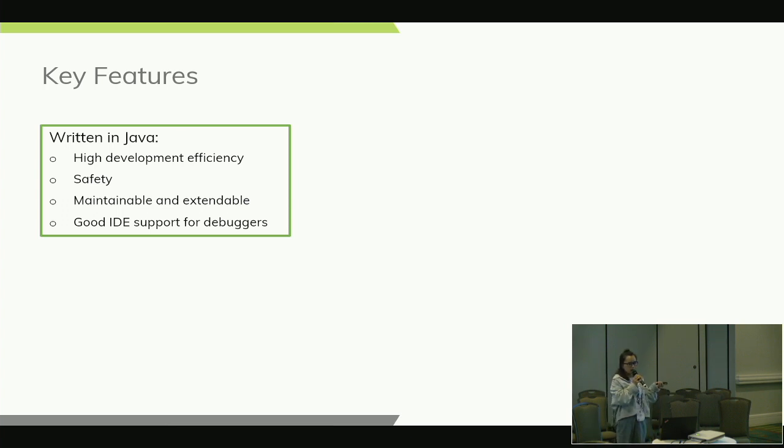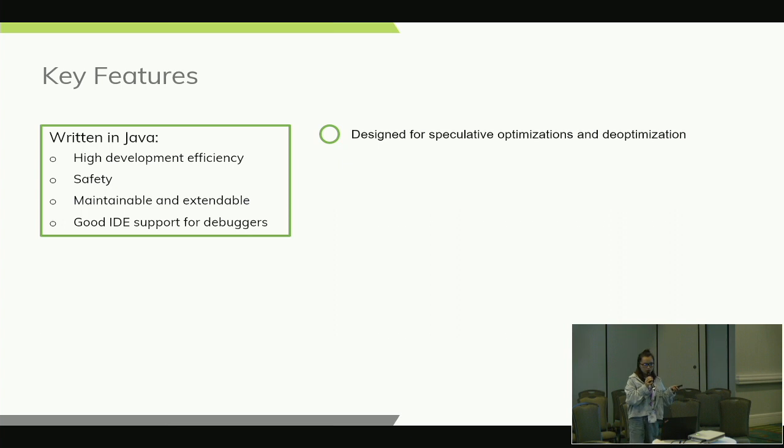Besides the language features, the Graal compiler also has its own features compared to LLVM and C2. First, Graal is designed for speculative optimizations and deoptimizations. All the metadata for the optimization is propagated through all the optimization phases.